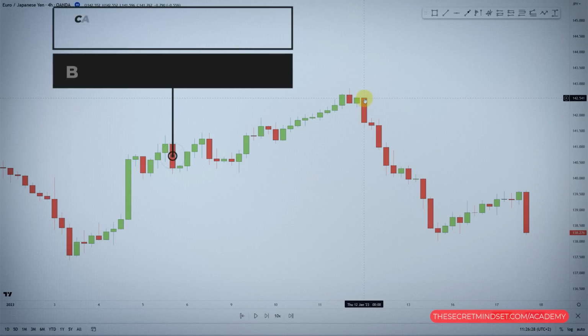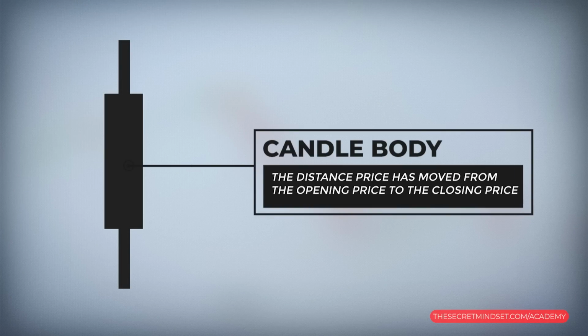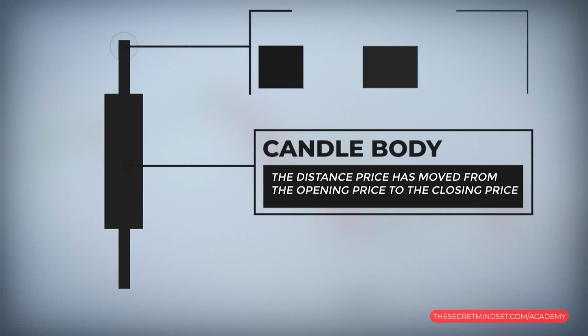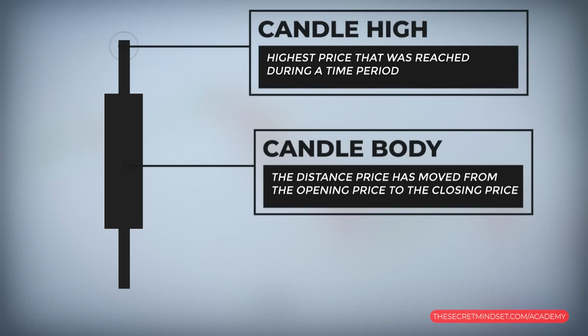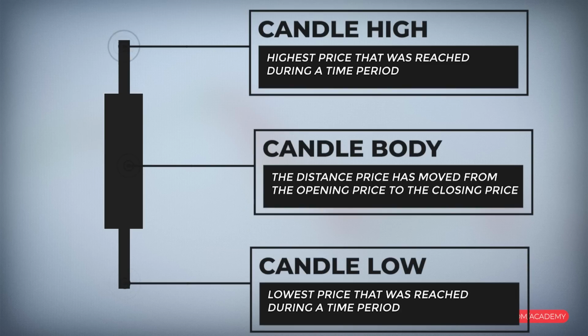A bearish candlestick simply means that the candlestick opened at a higher price and closed lower after a certain time period. The candle body represents the distance price has moved from the opening price to the closing price. The high is the highest price that was reached during that time period, and the low is the lowest price that was reached during that time period.